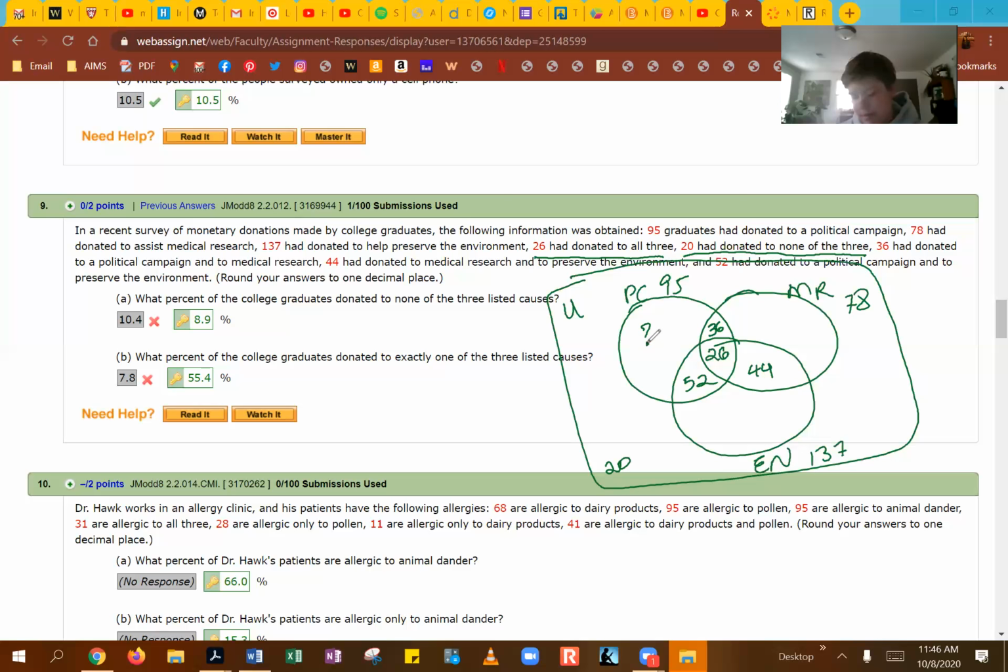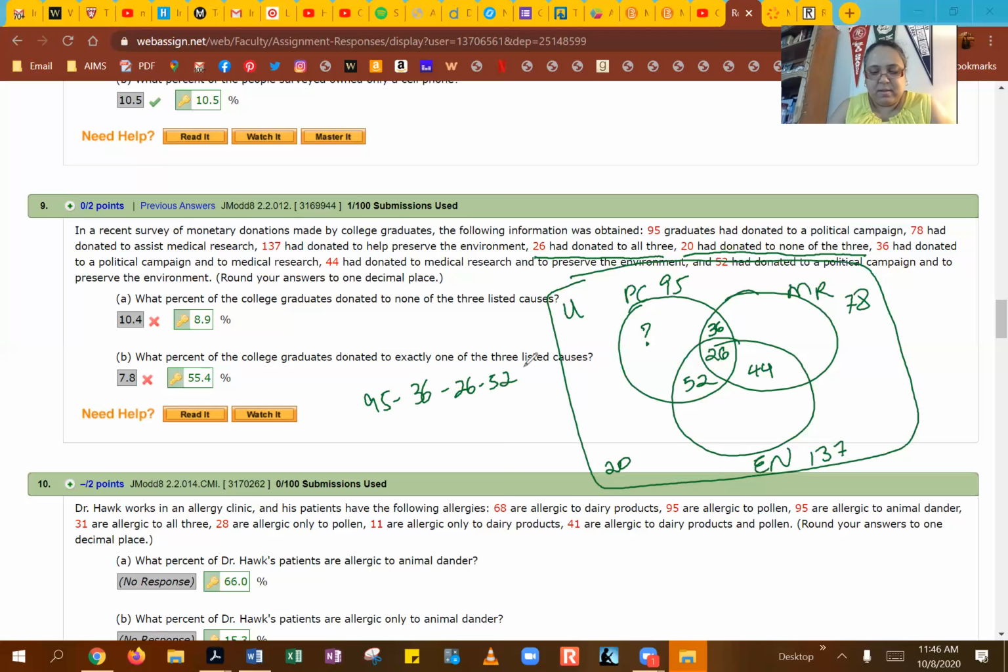I took 95 and I subtracted 36, 26, and 52. But I think I'm just now realizing what I did wrong. I think I don't subtract the 26 also, just the 36 and 52.